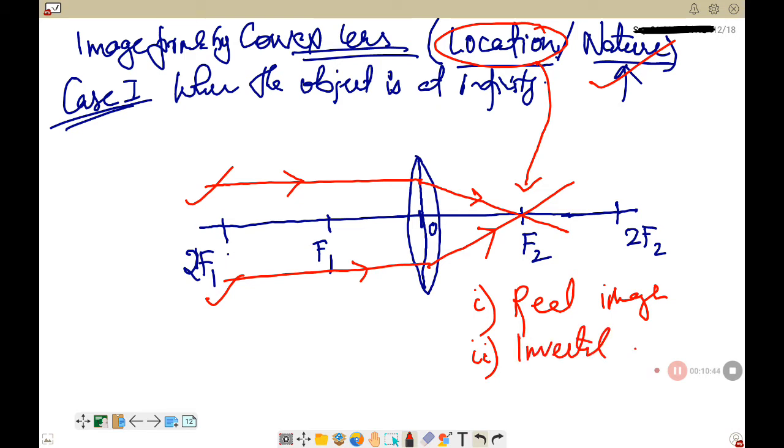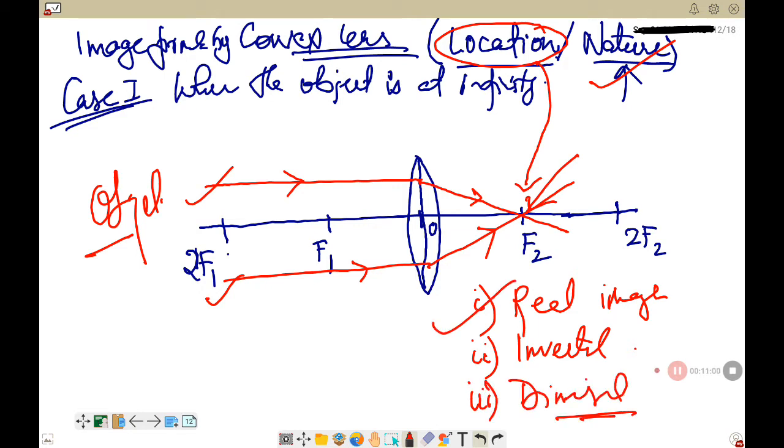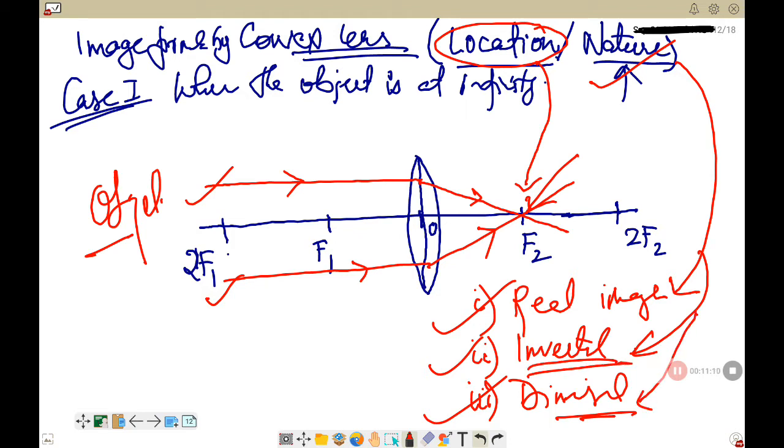I will show you how it is inverted. Here you see that my object was a large object, but now it has been diminished to a point, isn't it? So it is diminished, the size has been reduced. So these are the three natures of the image formed. Image is real, image is inverted, and image is diminished. Right? Now I'll show you how it is inverted.